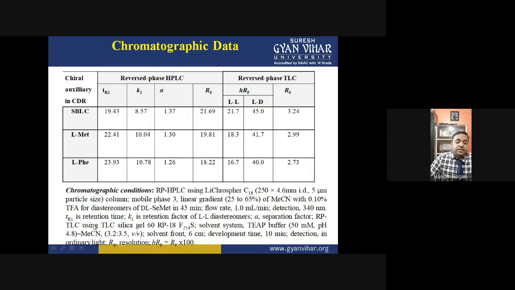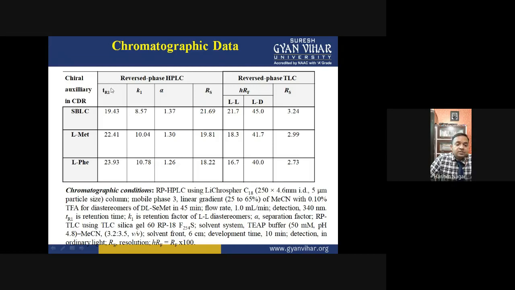The retention times and retention factors for these diastereomers are these. In the reverse phase column, the retention time of the first diastereomer with L-methionine is 22.41, and with S-benzyl L-cysteine as chiral auxiliary, the TR1 is 19.43, and in case of L-phenylalanine, the TR1 is 23.993.